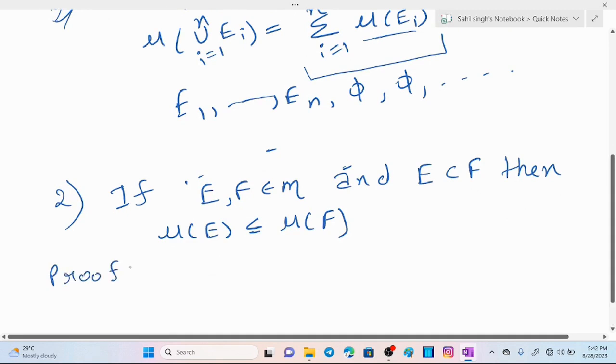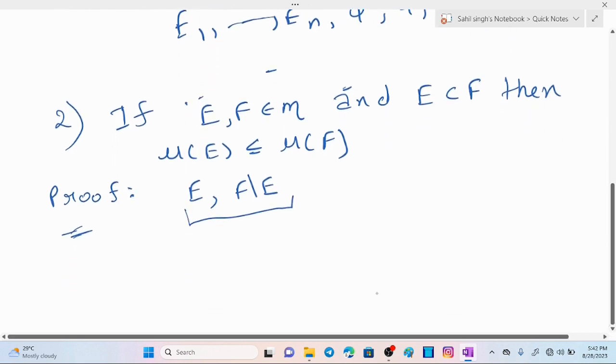Its proof is as follows. So till now we have the properties for measure on disjoint sets, right? So let's make some disjoint sets here. Let E and F but not in E. These two are disjoint sets, right? Why?